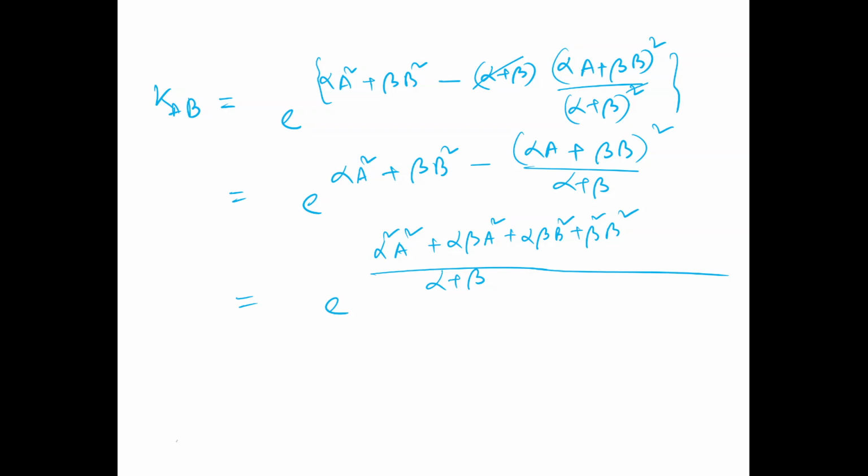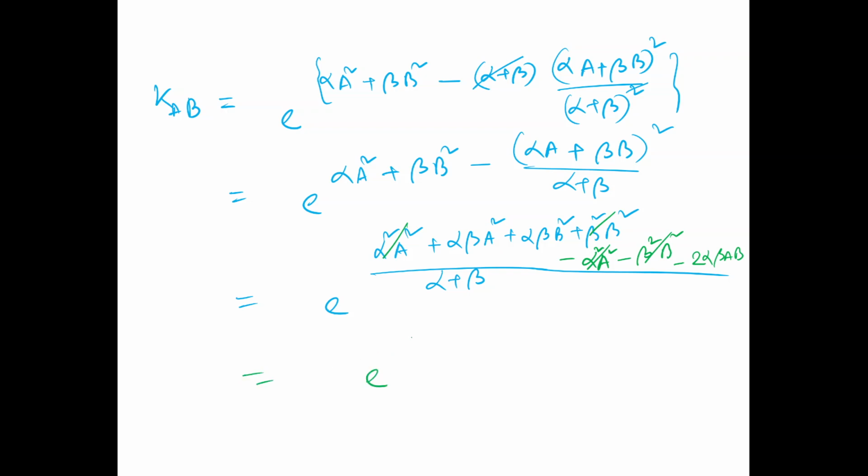And from the quadratic term, it will be minus alpha square A square, minus beta square B square, minus 2 alpha beta AB. This term and this term, two terms will get cancelled.